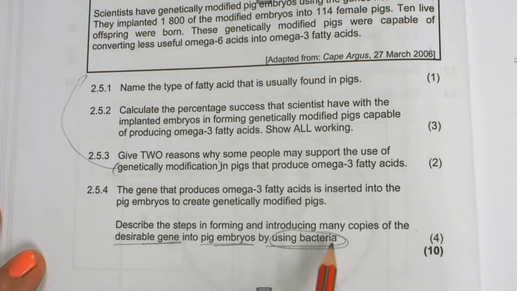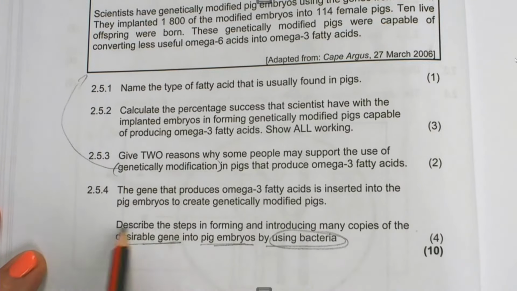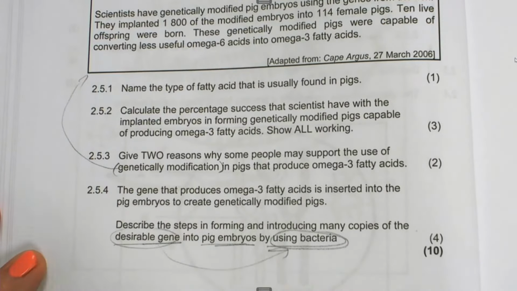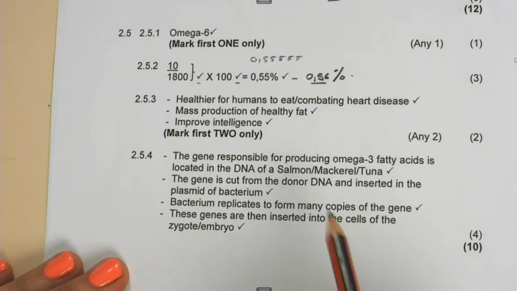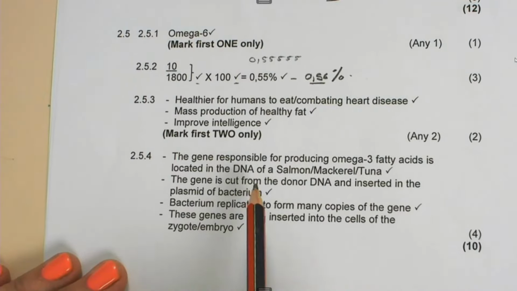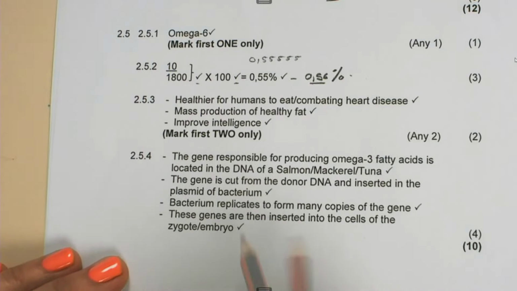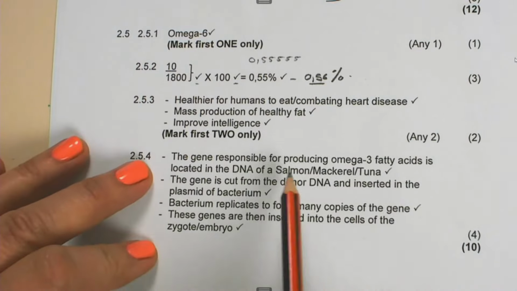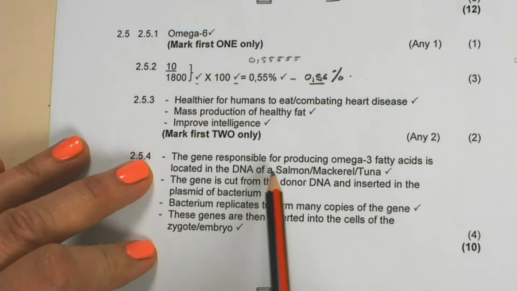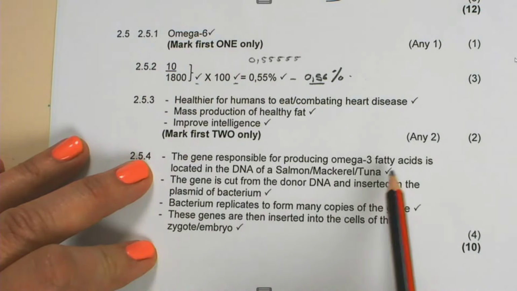When we use a bacteria, you take the plasmid, you put in the desired gene, etc. Now we must take this gene and apply it using bacteria. And therefore, in the answer, you must refer to the DNA replication as it is in omega-3 fatty acids.